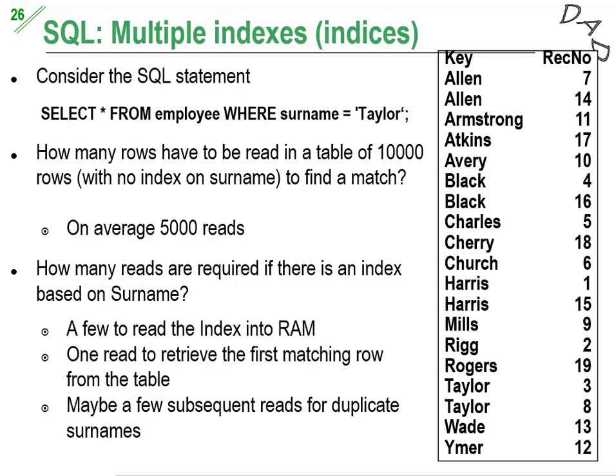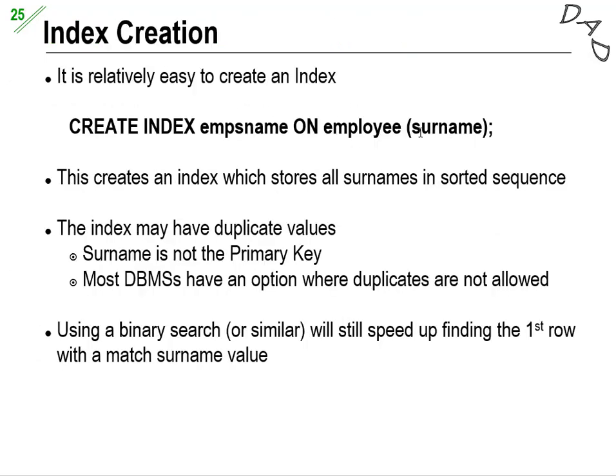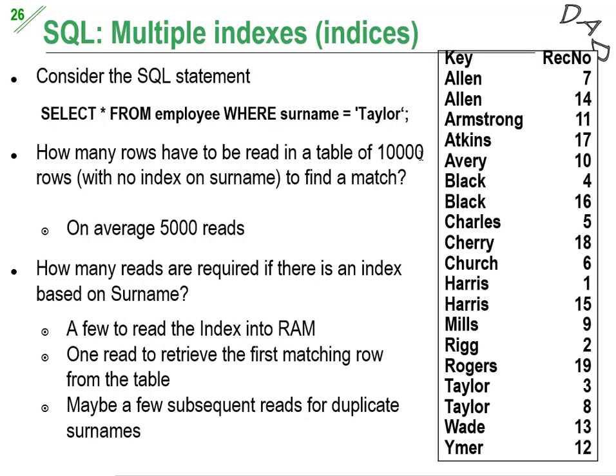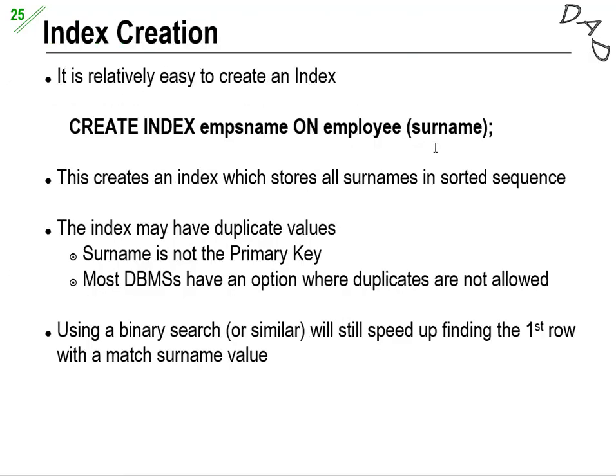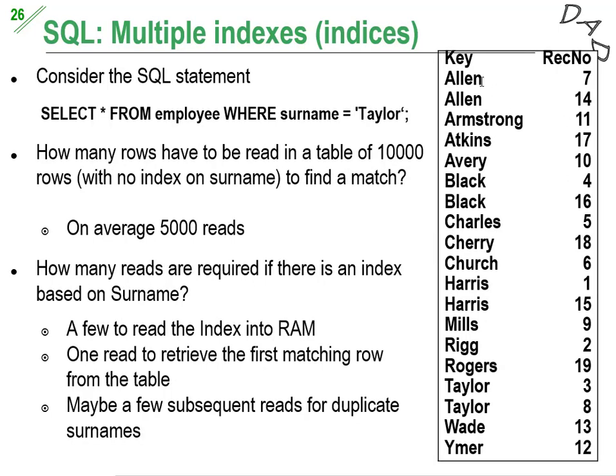Right, now think about this example. Earlier we created an index based on the surname. Now, this is an index created based on that particular index. So we have surnames, and the address or record number on the disk, and you can see there are lots of duplicate values.